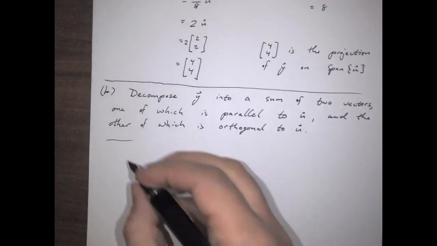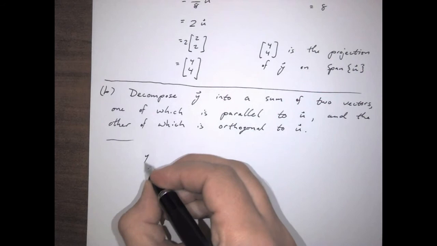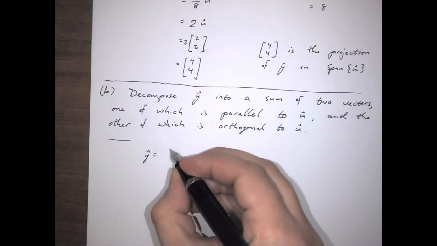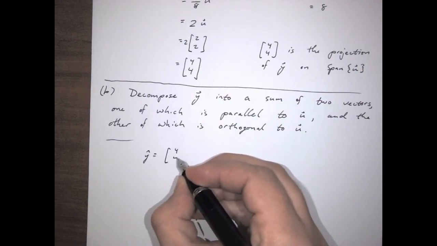Alright, well, half of this is already done. So we already know y hat is equal to (4, 4).